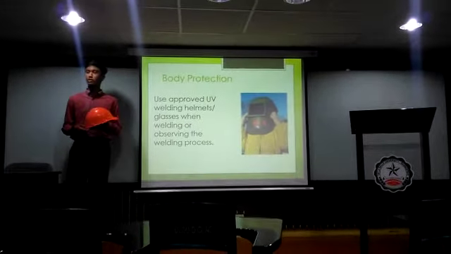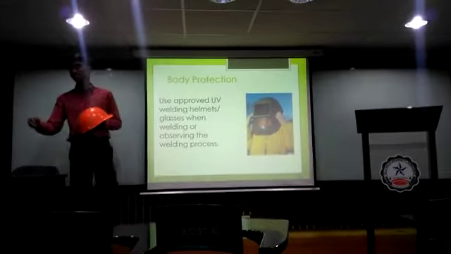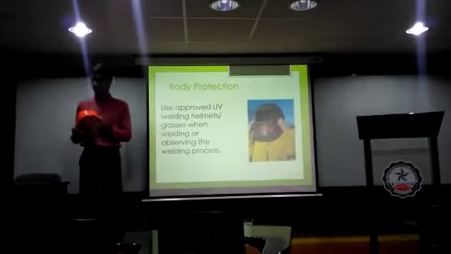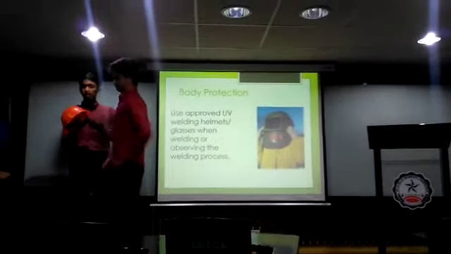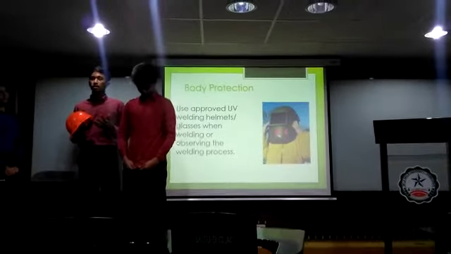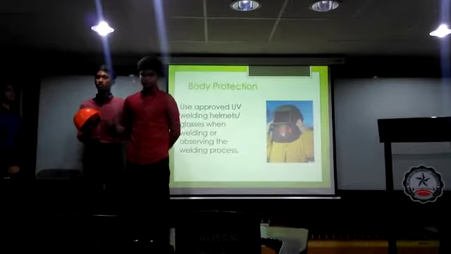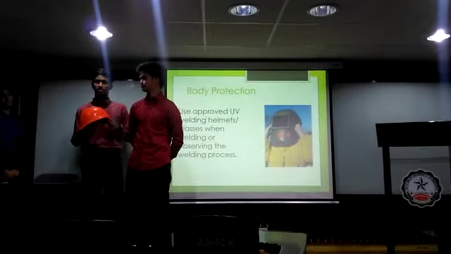So may we call on someone who will present here? This is called a helmet, and this is a last line of defense. In case everything else fails in the first line of defense, these are the last.